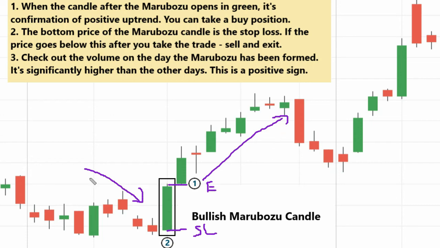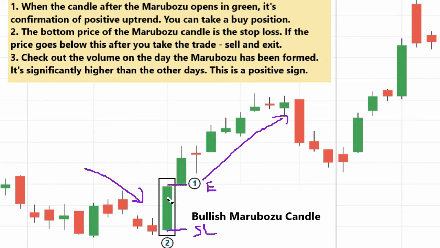and we can expect a strong bullish rally after the Marubozu candle. In this Marubozu candle, the trading psychology is that buyers are absent in the downtrend and sellers are completely dominating the market. But at this point, some institution or bank takes a very big order and makes a very strong bullish Marubozu candle.